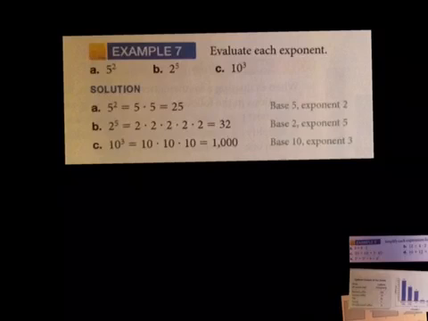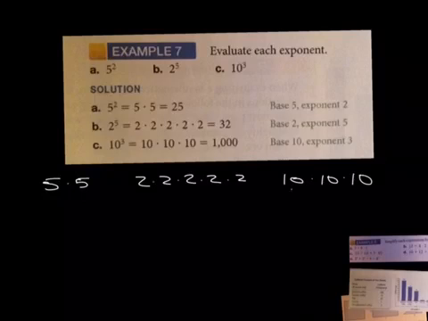Just as a reminder, and if I'm going too fast, you can hit a button on YouTube that'll slow me down. 5 squared means 5 twice, 5 times 5. 2 to the 5th means 2 five times. 10 to the 3rd means 10 three times. It does not mean 10 times 3 is 30. It means 10 times 10, which is 100, times 10, which is 1,000. So 10 cubed is 1,000.